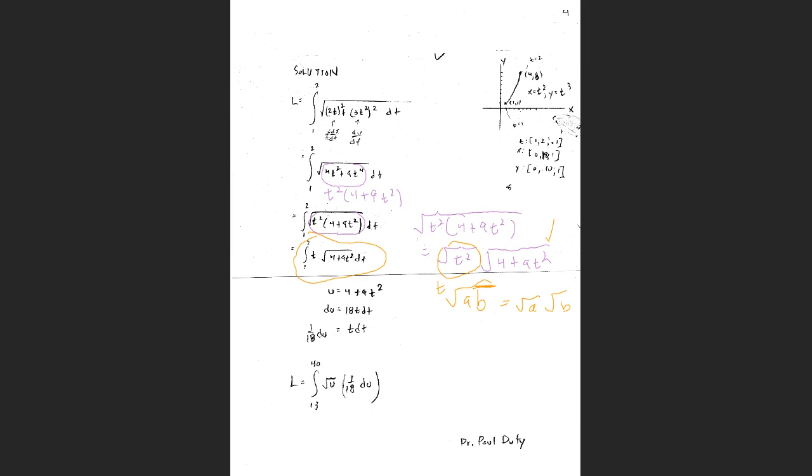Yes, question. Professor, I get what we're doing until now, but one thing I don't get is why are we still keeping the 4 in the square root? Because isn't the square root of 4 2? It is, but we can't. I'll show you here.